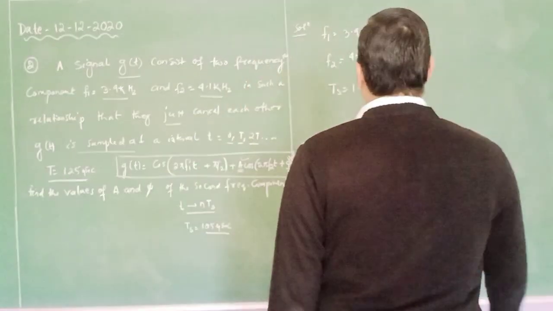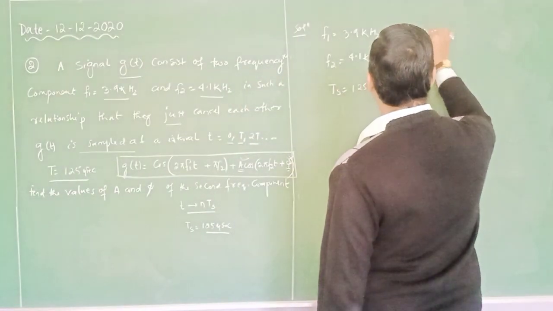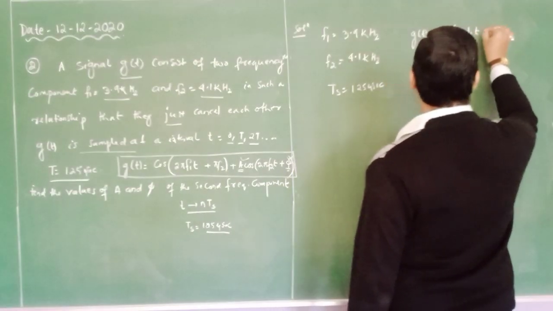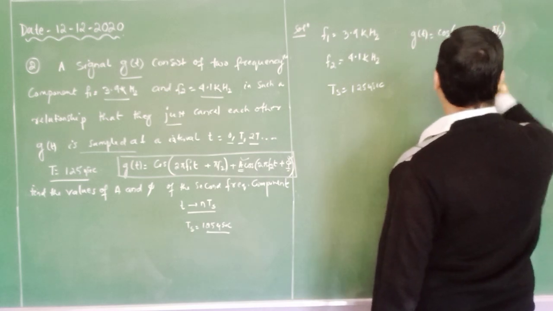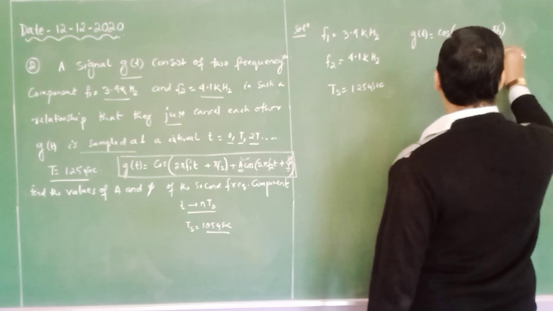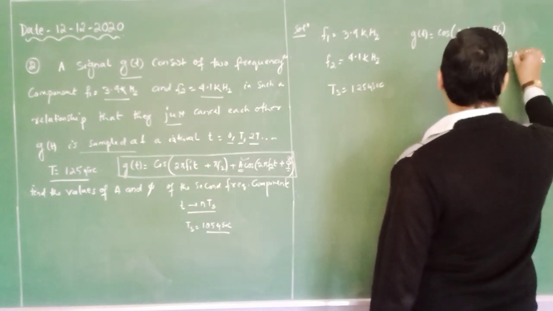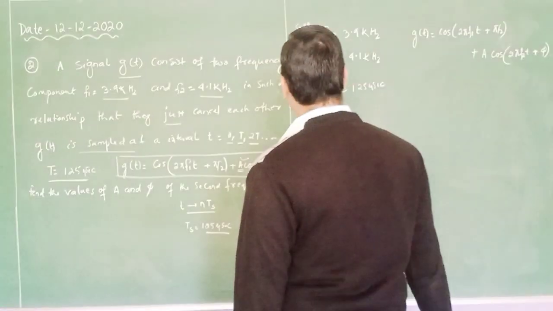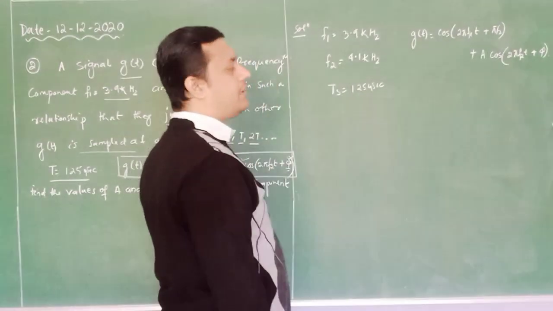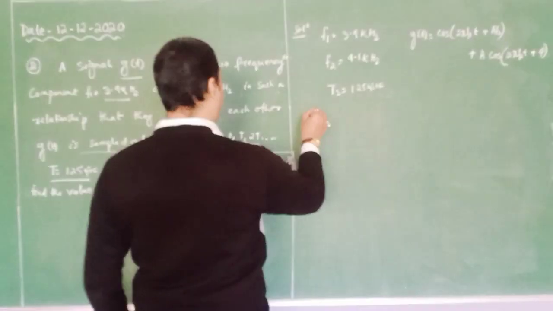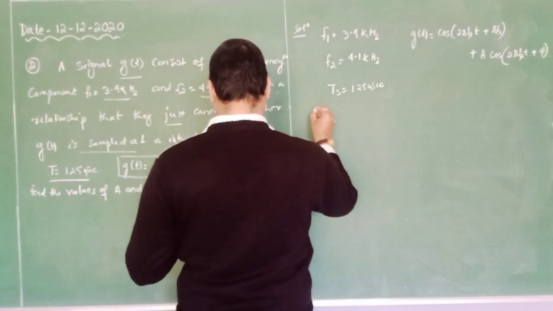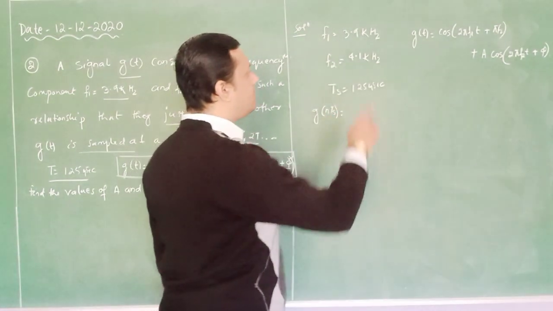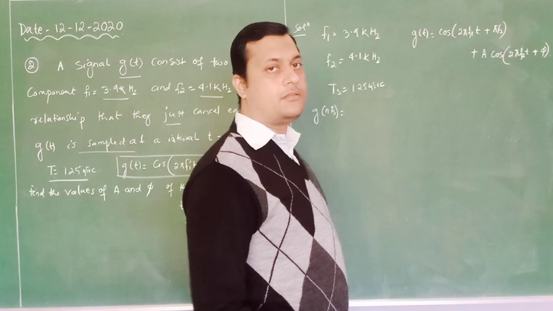Where g of t is given as cos 2 pi F1 t plus pi by 2, plus A cos 2 pi F2 t plus pi. So this is the given case and these are the given data. We need to calculate A and phi. First of all we need to sample it, so I will write g of nTs. Wherever t is available, you need to substitute nTs.